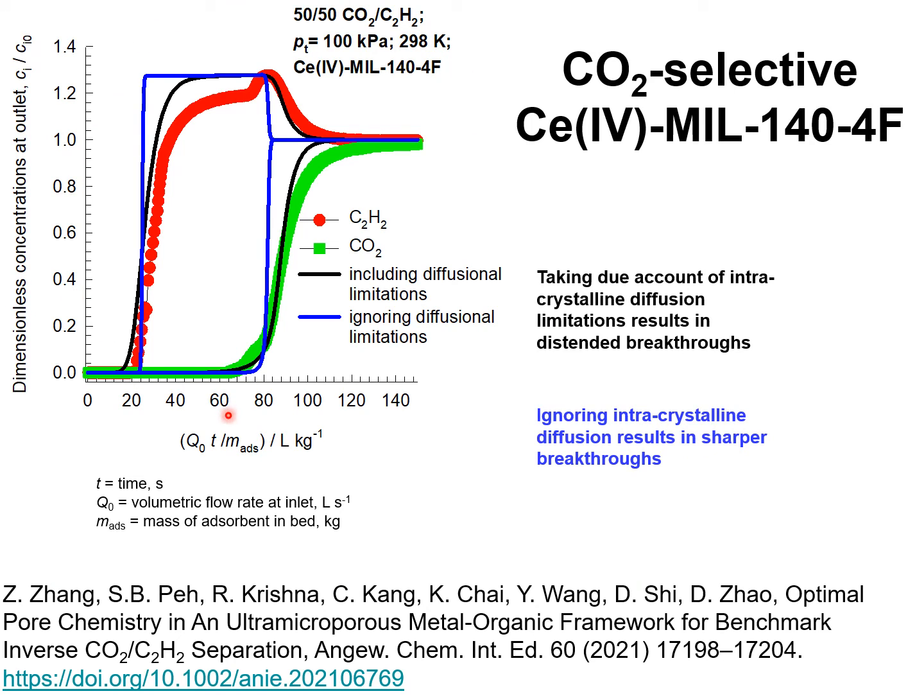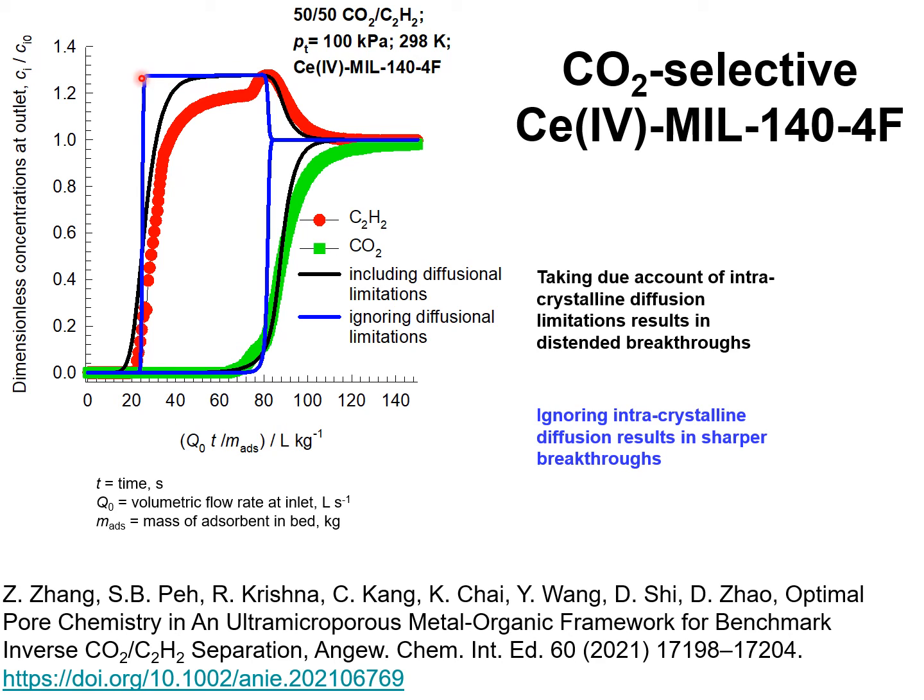This graph shows a comparison of the experimental breakthroughs for C2H2 and CO2, shown in red and green, with the two types of simulations that were described in the previous slide. The simulations indicated in black are the ones that include diffusional limitations, and the simulations that are indicated in blue are the ones where diffusional influences are ignored.